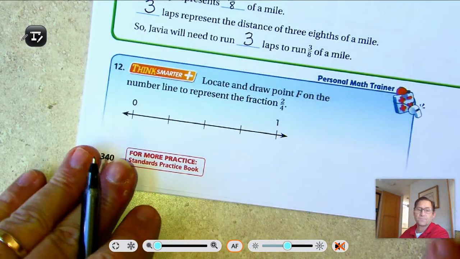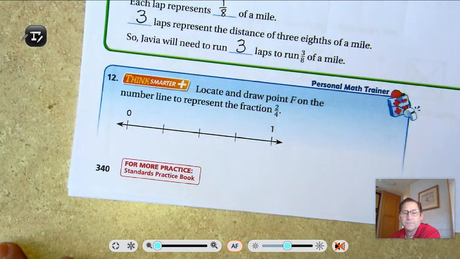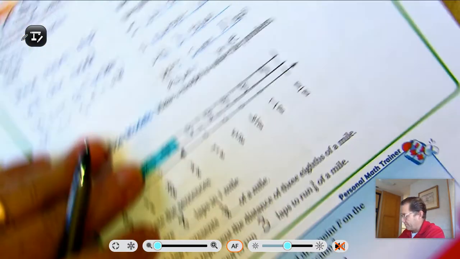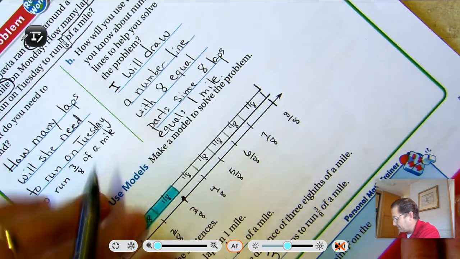And number 12. Locate and draw the point on the number line to represent the fraction 2/4. Okay, so we know that there will be 4 equal parts.